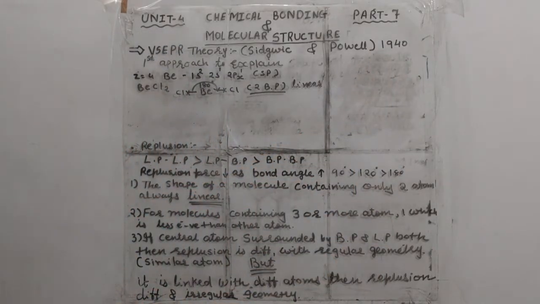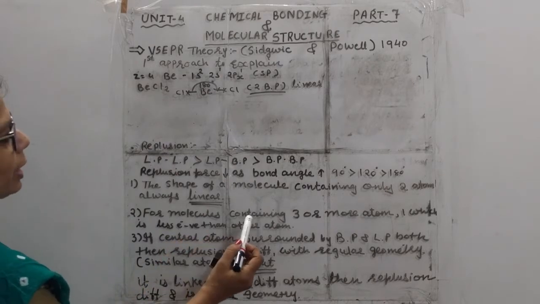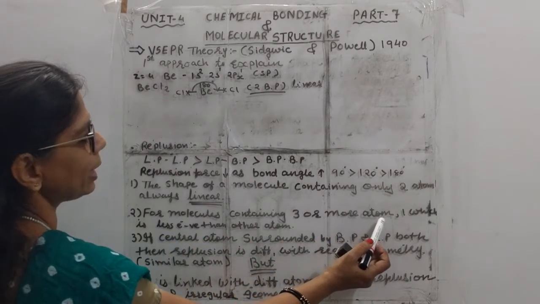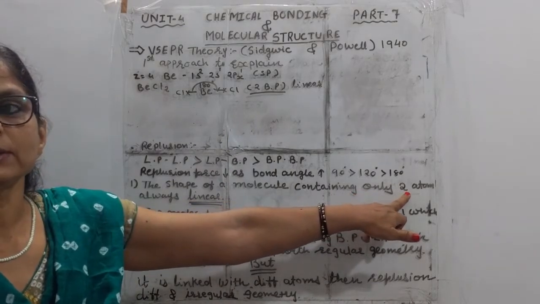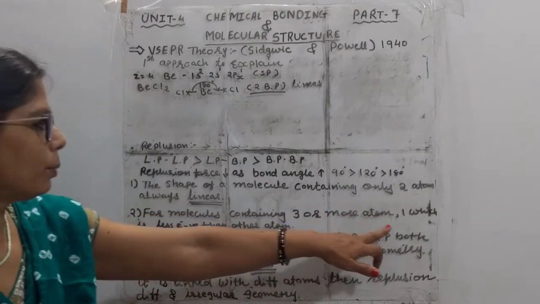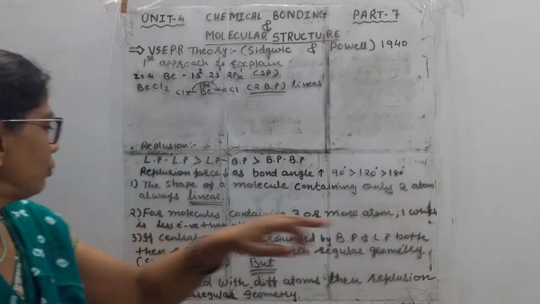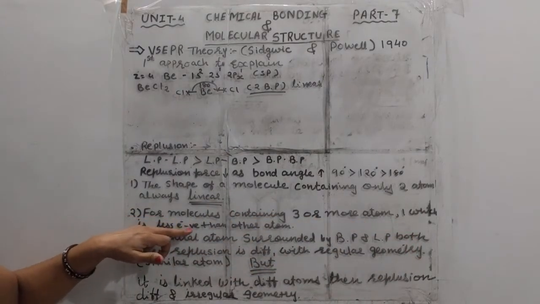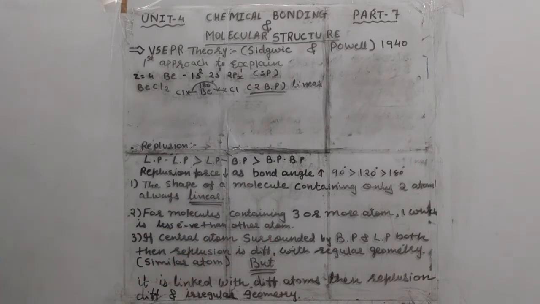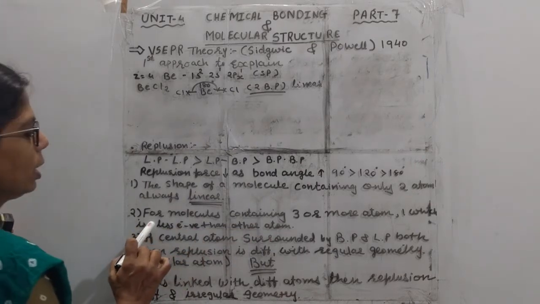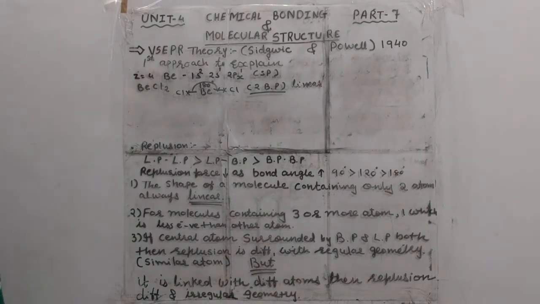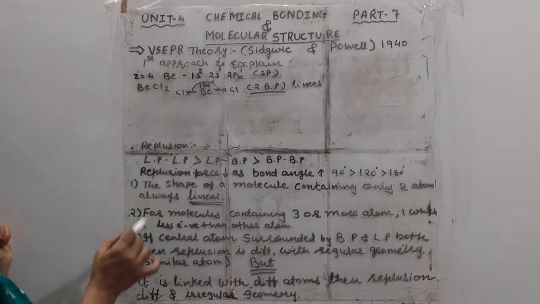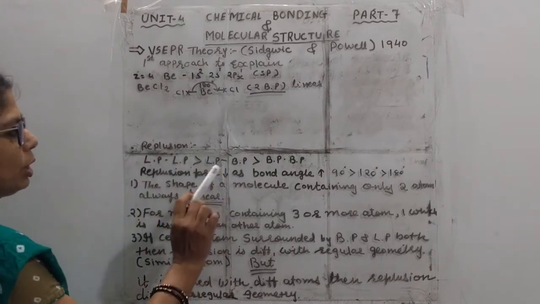Here the next point it is given, for molecule containing 3 or more atoms. Here we have taken only the 2 atoms which are surrounded. Now 3 or more atoms, out of that 1 which is less electronegative than the other atom. We'll go with the example in the next video, but these are the points which we have to keep in our mind.